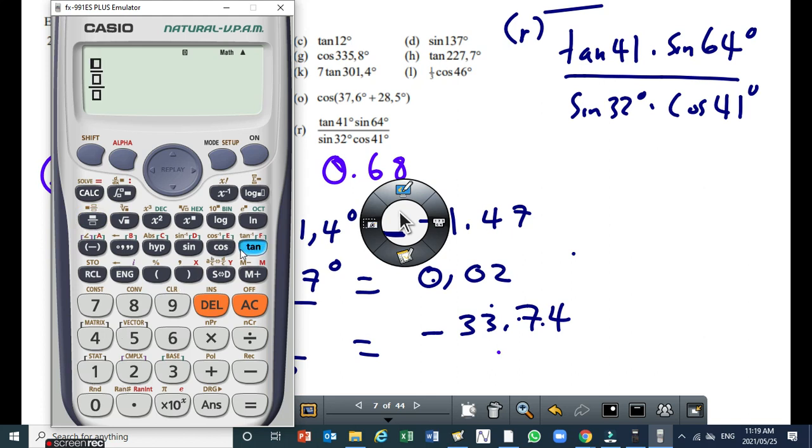So we have tan 41 times sine 64, divided by sine 32, then you close the bracket, then times cos 41, and then you close the bracket.